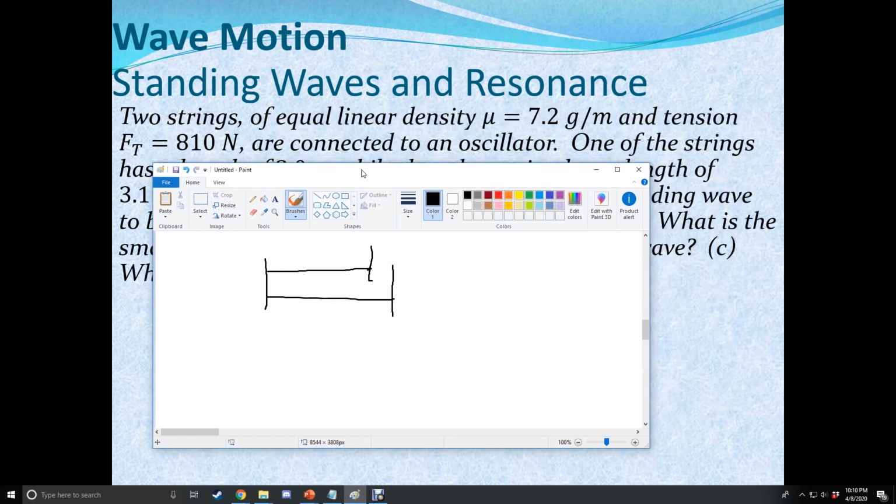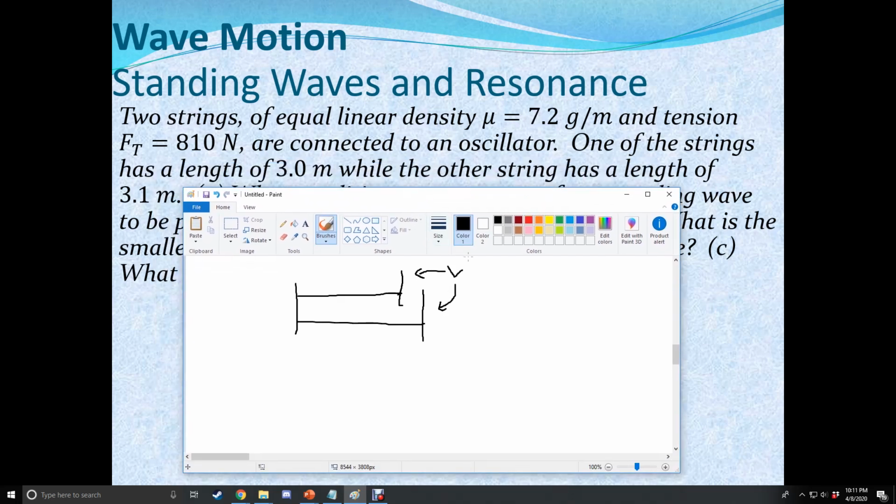Some key things here are that they say they have identical linear densities and forces. What that means is their velocities are the same. And because they're being oscillated by the same thing, the frequencies are also the same, which then implies that the wavelengths being created on both of these have to be the same.